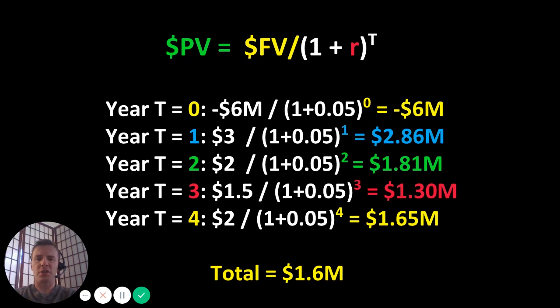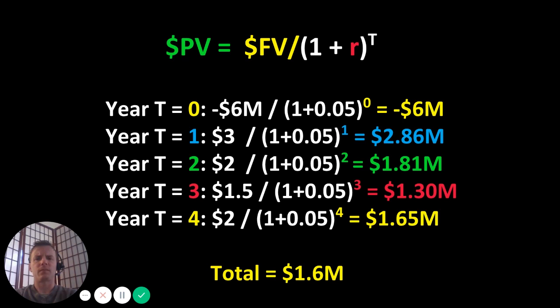In each case, what we're solving for is PV. And so in year 0, we have t equal to 0, and our future value is actually minus $6 million. That might seem a little weird to think about what happens today as a future value, but it's just a special case in year 0.